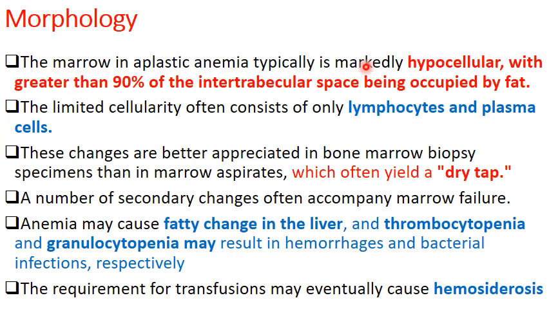In the bone marrow of a patient with aplastic anemia, it is markedly hypocellular, with decrease of all the components of the bone marrow, and more than 90% of the intertrabecular space is replaced by fat. The limited cellularity is only lymphocytes and plasma cells. All the elements of the bone marrow are decreased or sometimes absent.